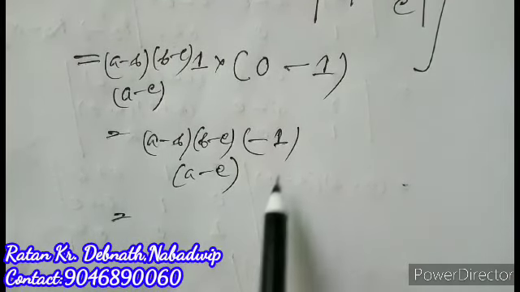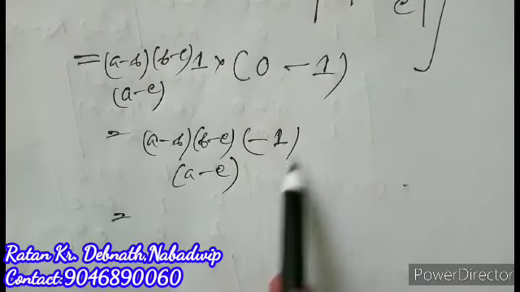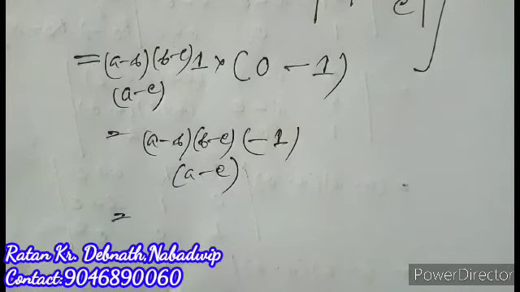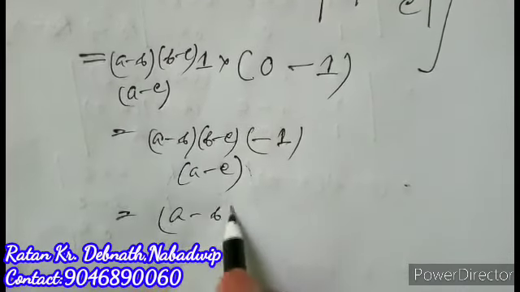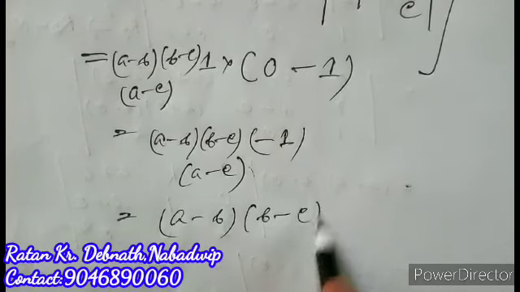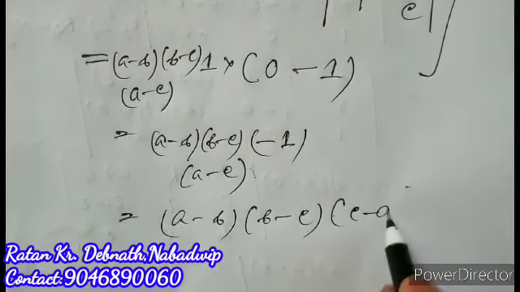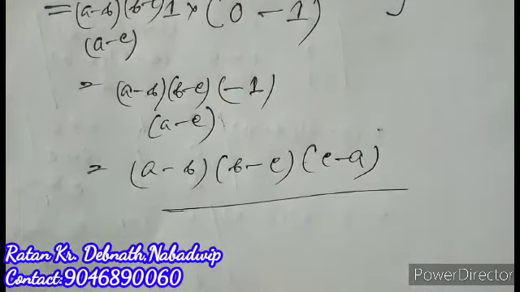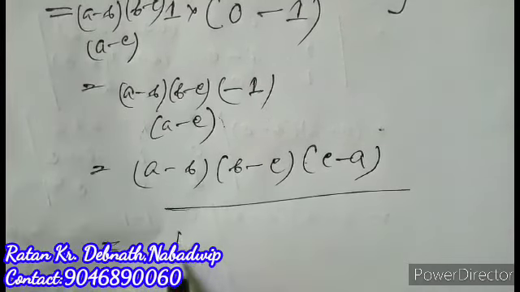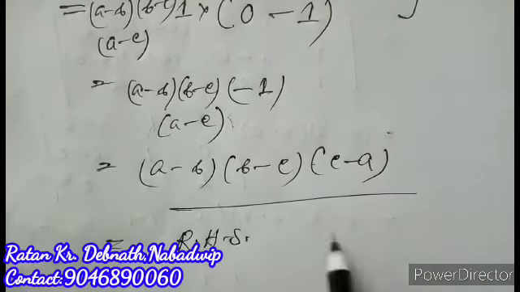If we multiply minus 1 with the third term, we get a minus b into b minus c into c minus a, the ultimate result, which is equal to the right hand side.